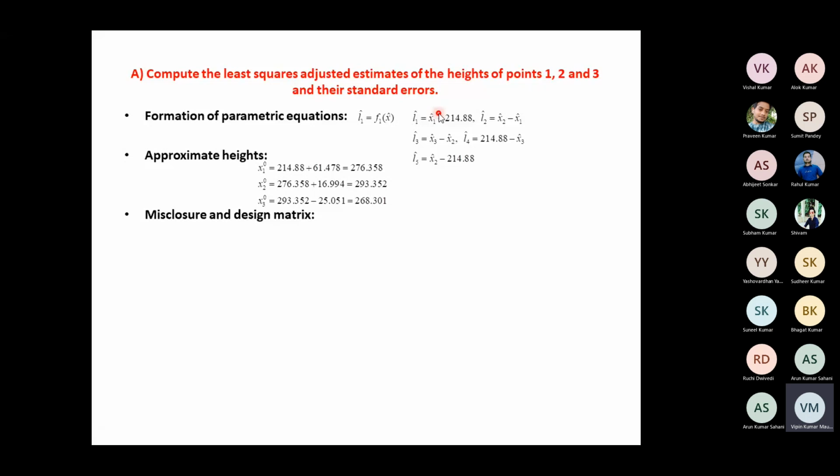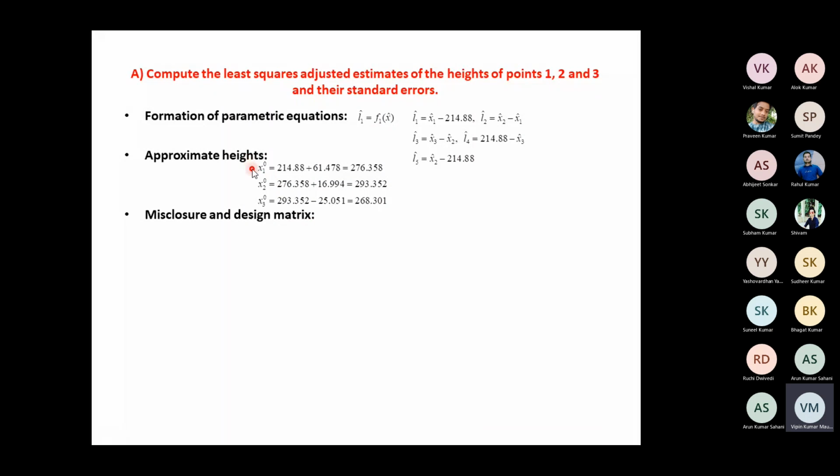For x1, you know it is 214.88, and you know what is L1. So the approximated height x1 naught will be 214.88 plus L1, where L1 was the observation. Similarly for x1, x2, and x3, we can compute the approximate heights.